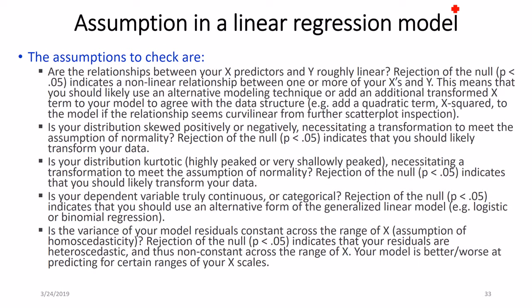If the residuals are constant across the range of X, rejection of the null hypothesis means that the residuals are heteroscedastic, meaning non-constant across the range of x. As a result, the model is better or worse at predicting for certain ranges of x.